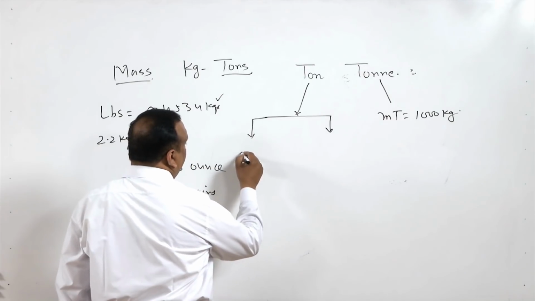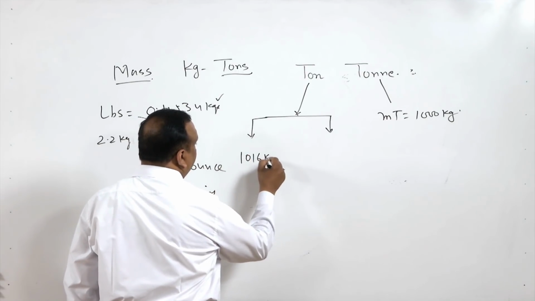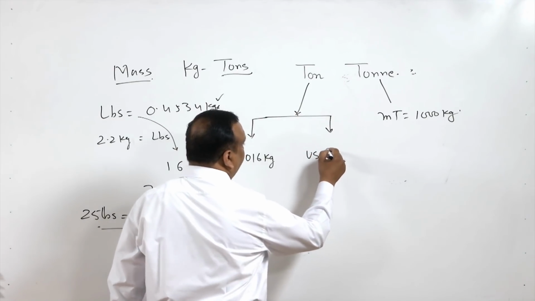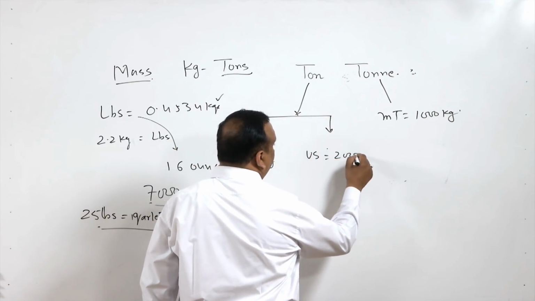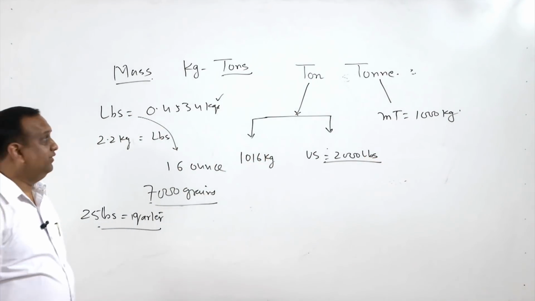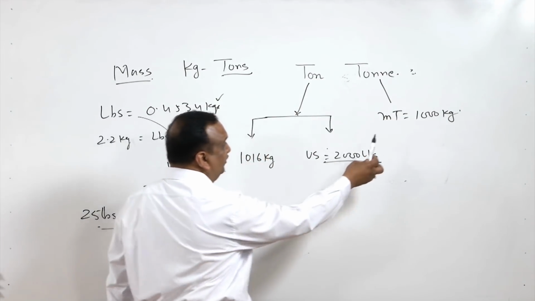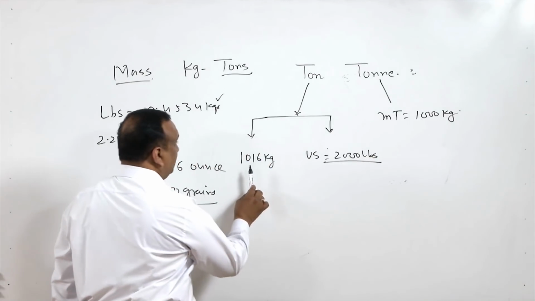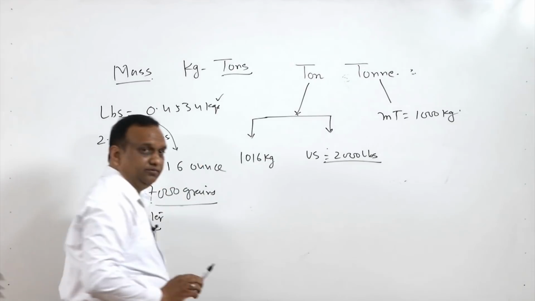Imperial ton is 1016 kgs, and US ton is 2000 pounds. So when we are dealing with the ton, we have to be very careful whether we are dealing with metric tons, imperial ton or US ton.